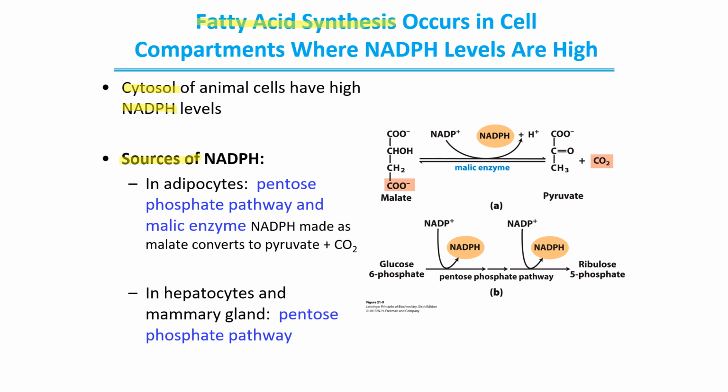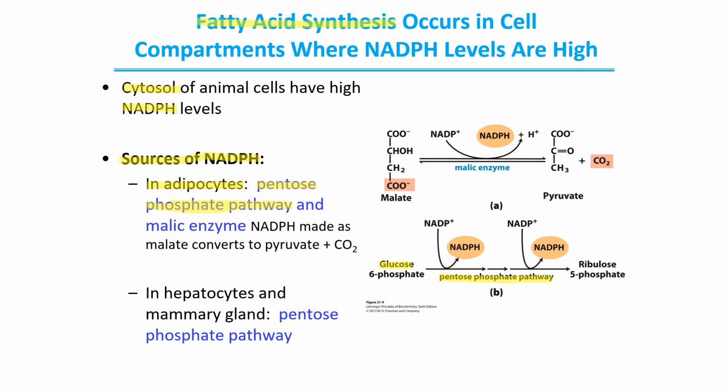Now there are two main sources of NADPH in the body. One we already discussed, that is the pentose phosphate pathway. There was a full lecture about it in the carbohydrate metabolism, and NADPH is one of the products of that pathway. And this was the pathway, what it looked like.